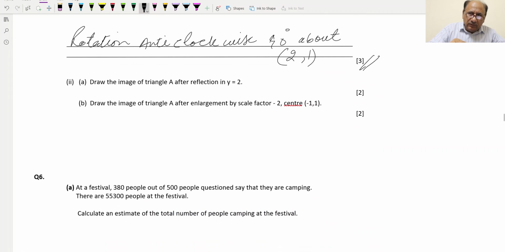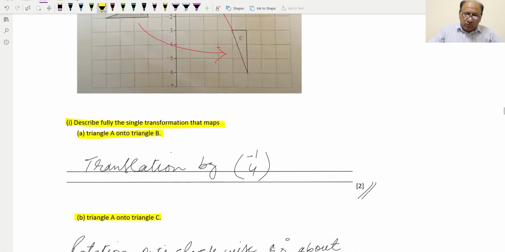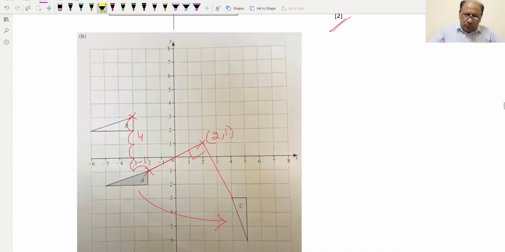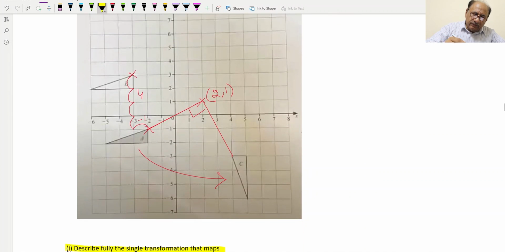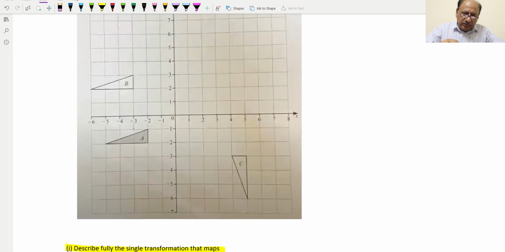Now the second part, and second A is draw an image of the triangle A after reflection in line y is equal to 2. So y is equal to 2 is which line? I will erase this, and then y is equal to 2, if we draw, is this line.